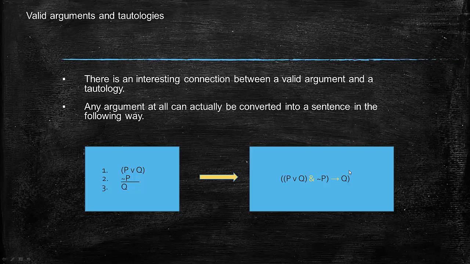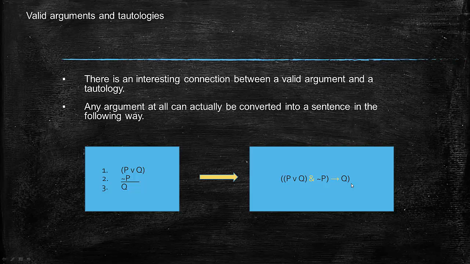Look at this argument, the disjunctive syllogism: P or Q, not P, therefore Q. You can read this argument as saying, if P or Q and not P, then Q. So you can take this argument and convert it into a sentence: if P or Q and not P, then Q.